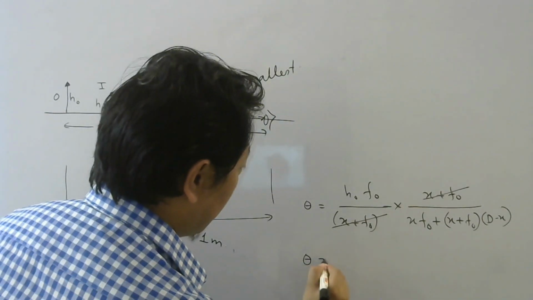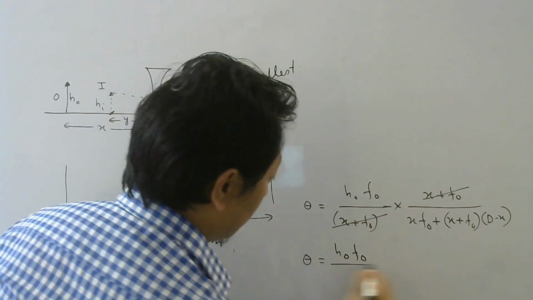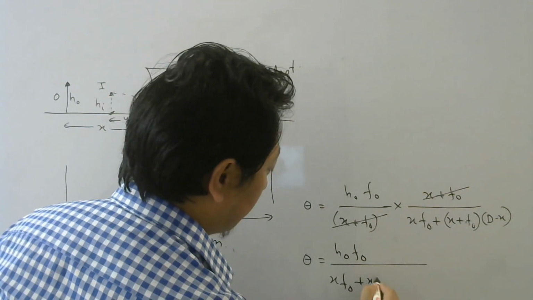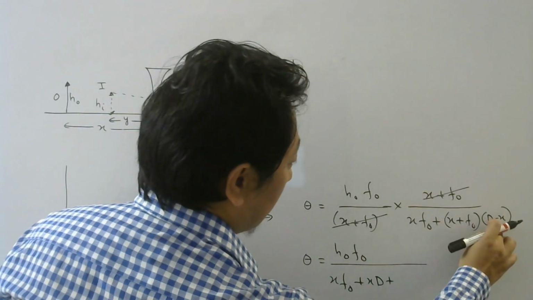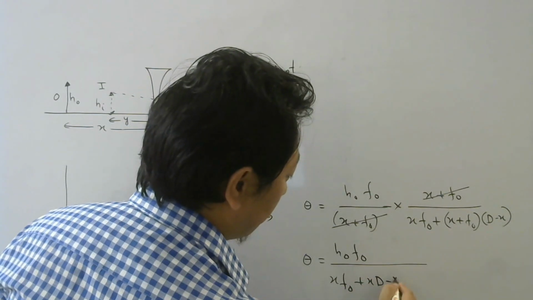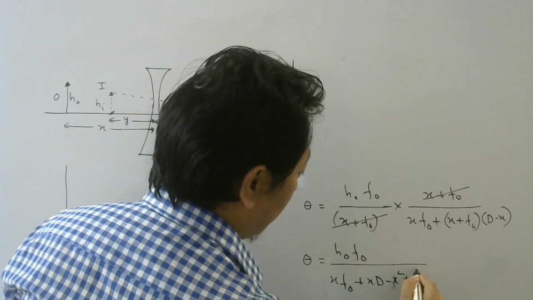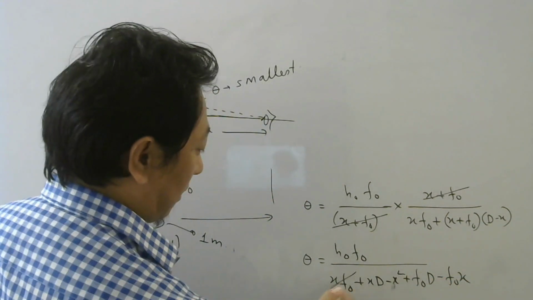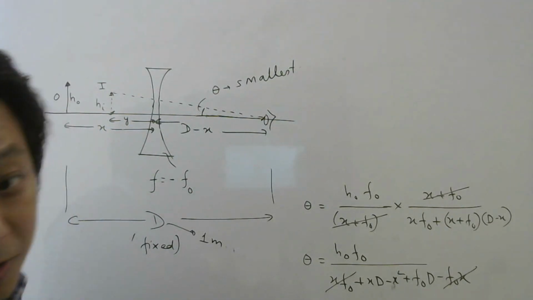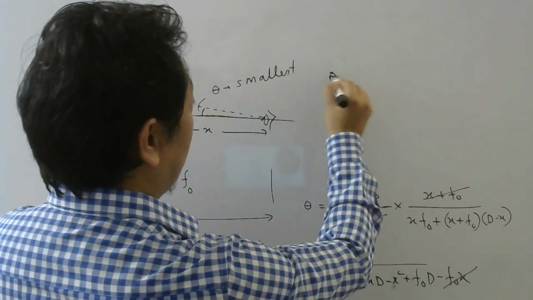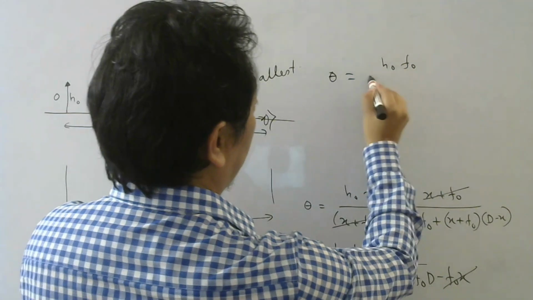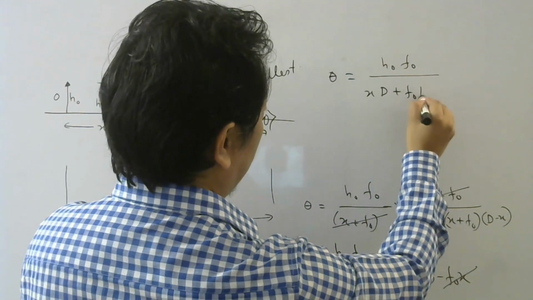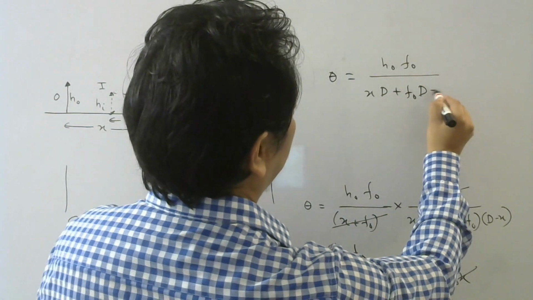So this will give you theta equal to h naught f naught divided by x f naught, then x into d plus here minus, so minus x square, plus f naught into d, plus minus minus f naught x. x f naught and this x f naught also cancel. So your theta will be finally h naught f naught by (x d plus f naught d minus x square), right?